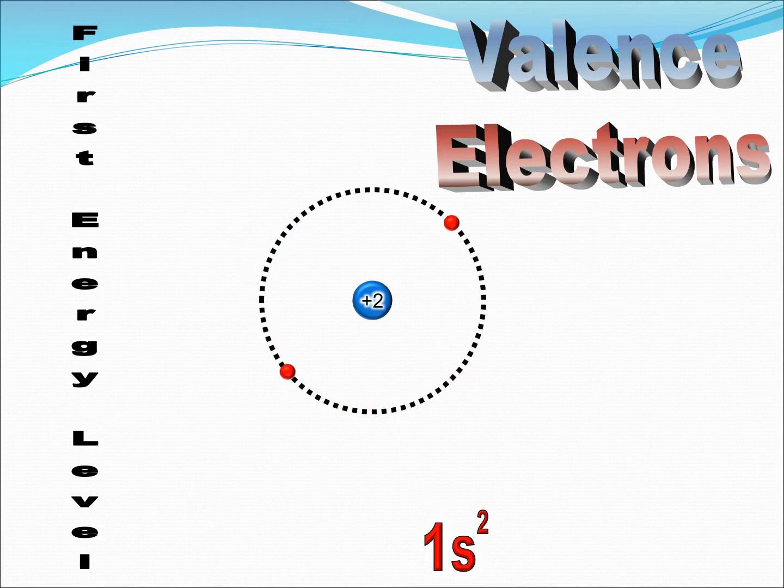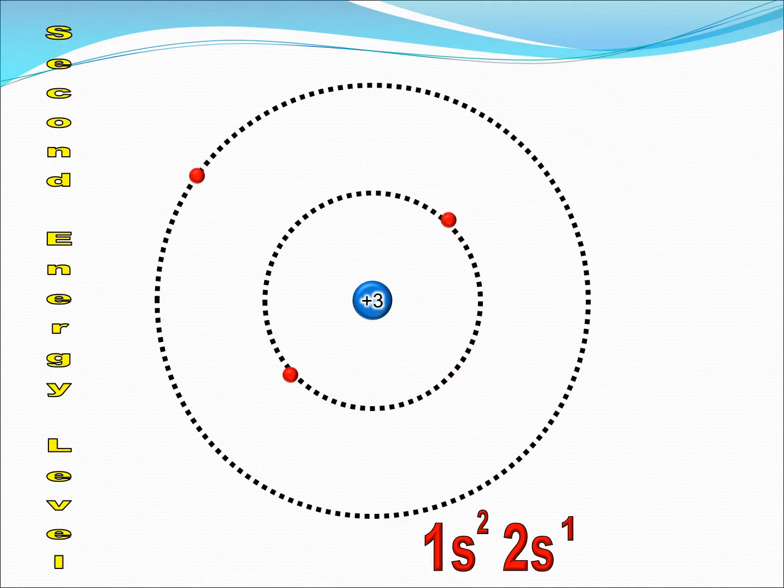And guess what? Both of those are valence electrons, because hydrogen and helium only have valence electrons. It's only when we get to the next one, lithium, that we start to see a difference, where not every electron is now a valence electron, only some of them are.